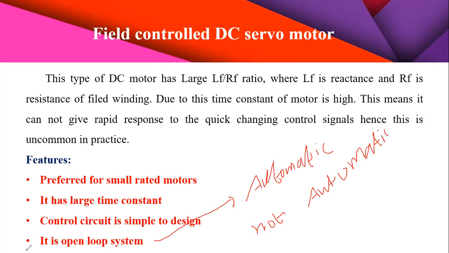What do we call an open loop control system? Automatic control system or not automatic control system? Not automatic, sir. Right, because it doesn't have feedback.